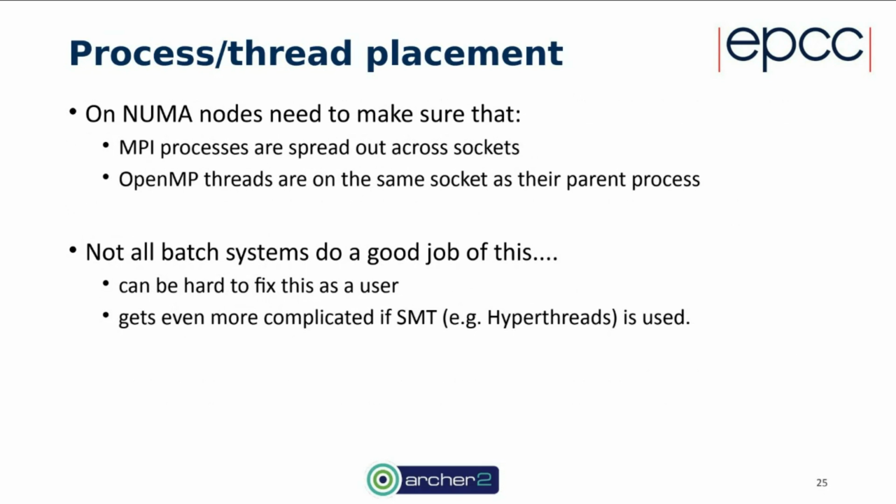And as I hinted at before, we have issues about process and thread placement. If we have NUMA nodes, then we essentially need to make sure that the MPI processes are spread out across sockets, and that the corresponding OpenMP threads are all running on the same socket as their parent process.